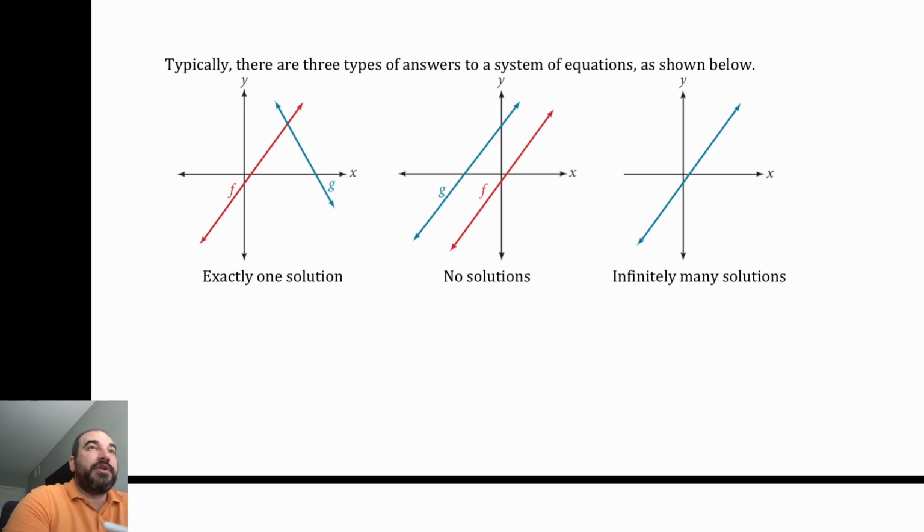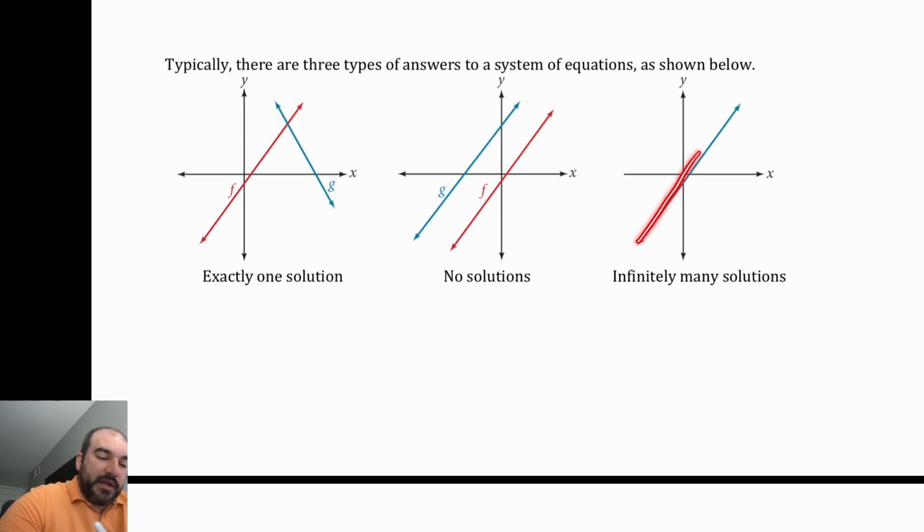Because each equation represents a straight line, if I just randomly draw 2 lines on a graph, what can happen is they could intersect in a single point, right? If they cross at all, or the 2 lines could be exactly parallel but shifted away from each other, in which case these lines will go on forever without ever intersecting each other, which means there is no point of intersection.